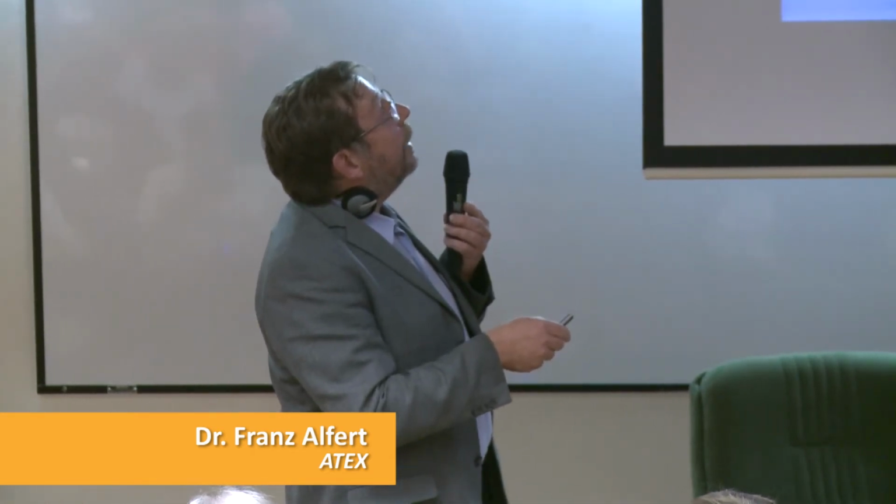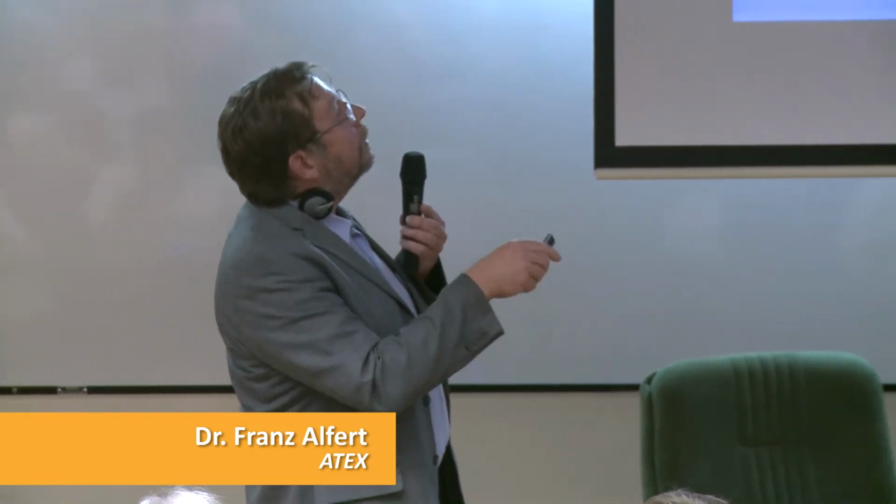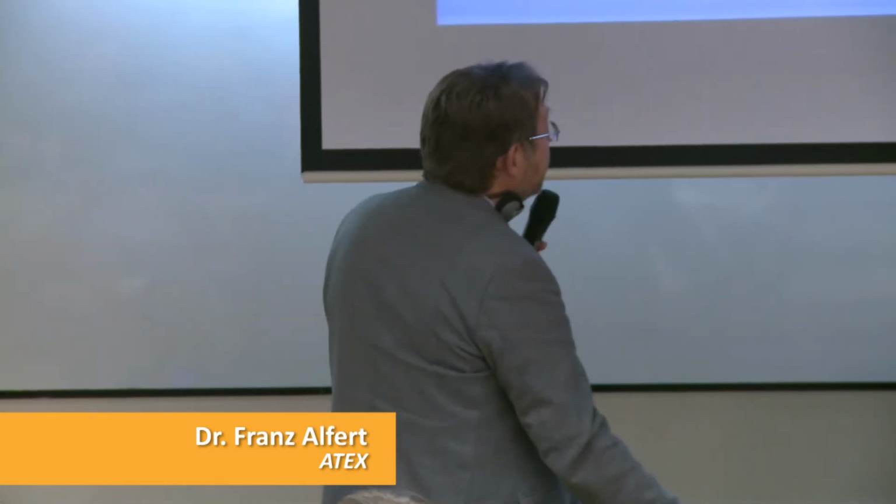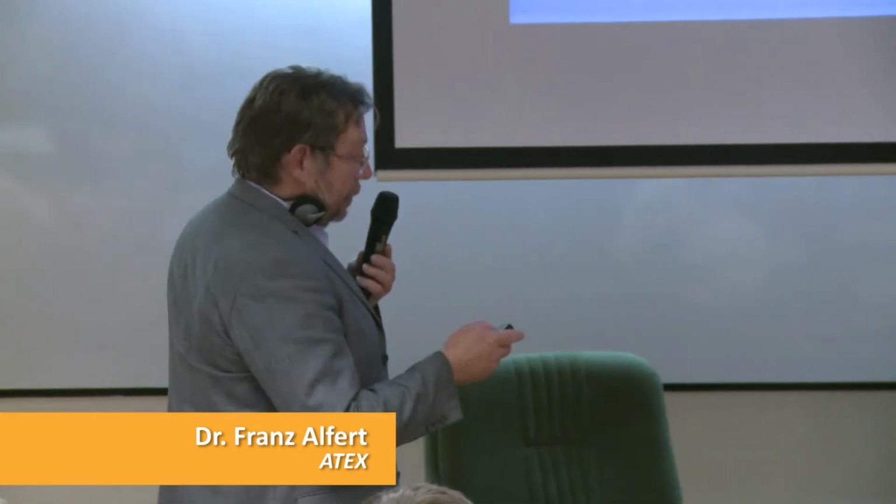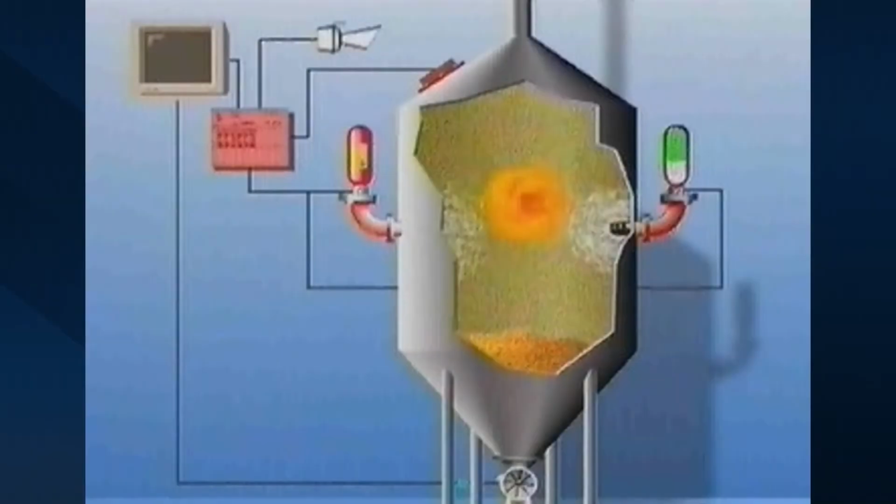And what we do with explosion suppression is we activate the bottles with the pressure wave as the explosion grows, and you see the suppressant entering into the vessel, and then it becomes a race between getting powder out and the explosion developing.